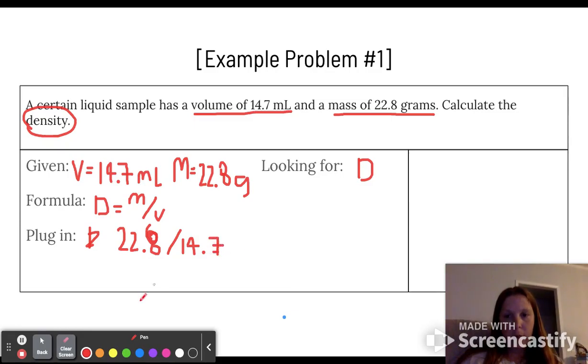And when you plug that in, you will get an answer of 1.55. And don't forget your unit, which would be grams per milliliter.